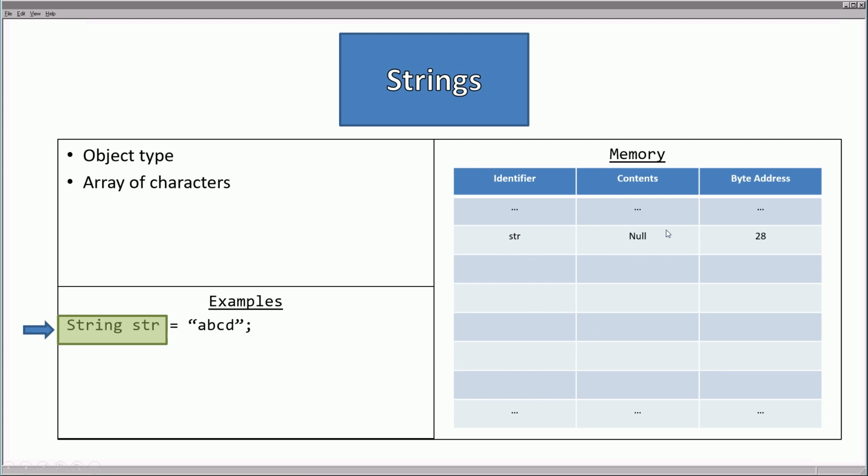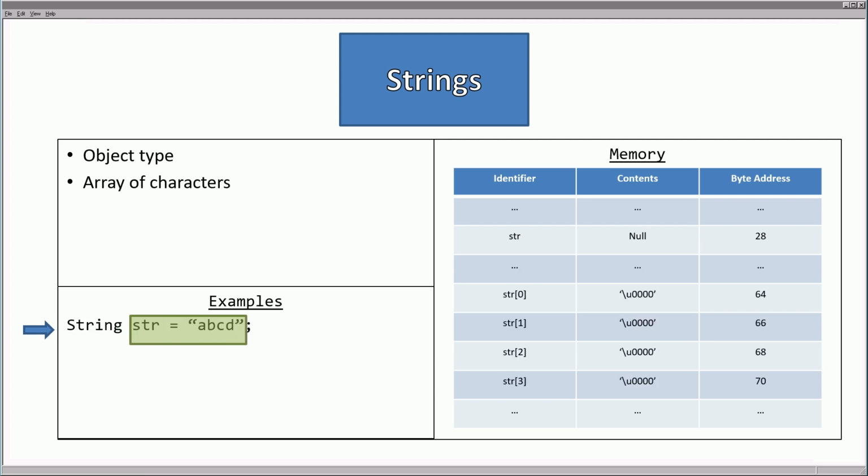The contents currently, because we haven't assigned it, is this special thing called null. Null is a memory address, and the identifiers for objects contain memory addresses. The null memory address indicates that this object has not been constructed. We have reserved space potentially, but it doesn't exist inside of memory. We have no reference to it.